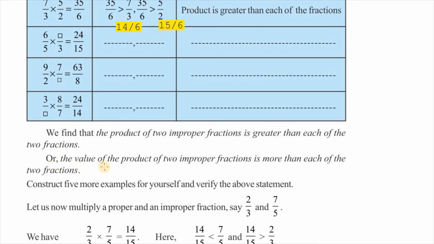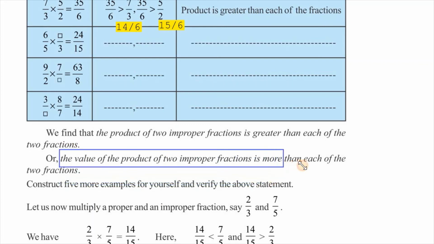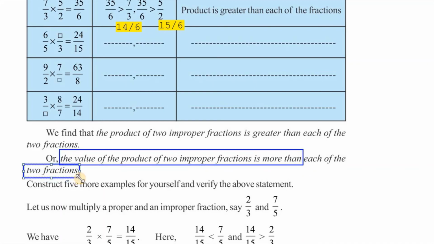Or we can say that the value of the product of two improper fractions is more than each of the two fractions. So in case of improper fractions, it's similar to whole numbers.